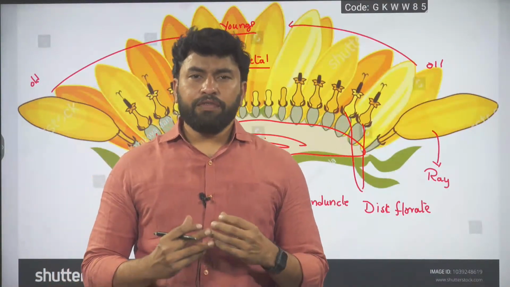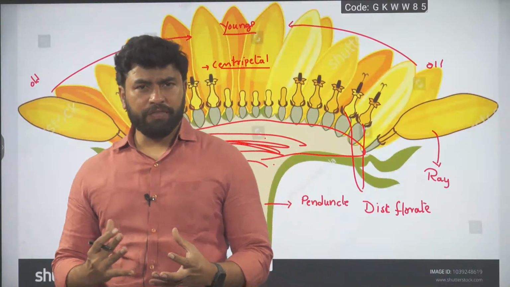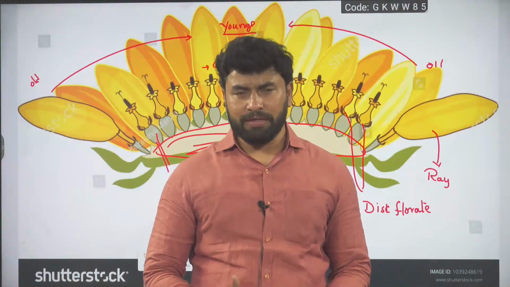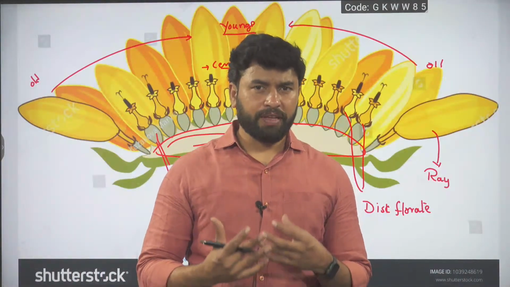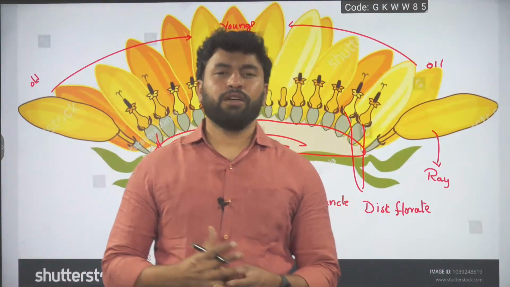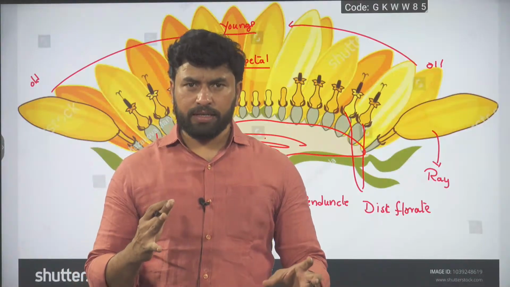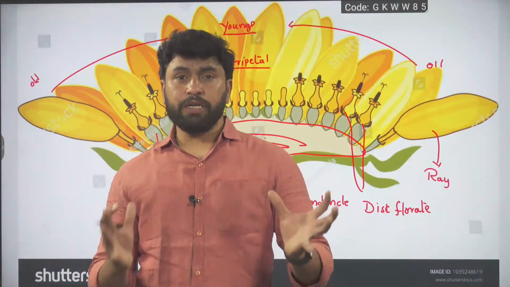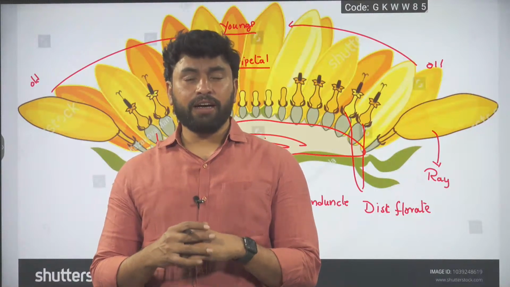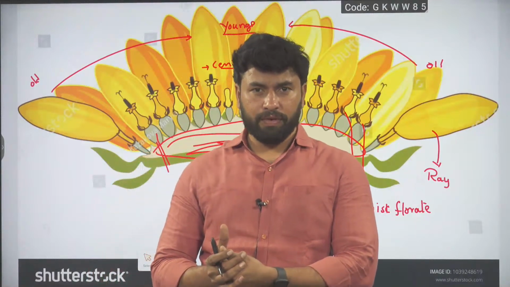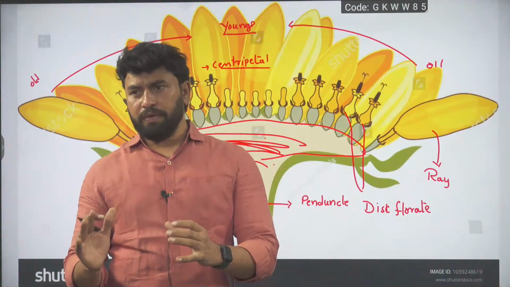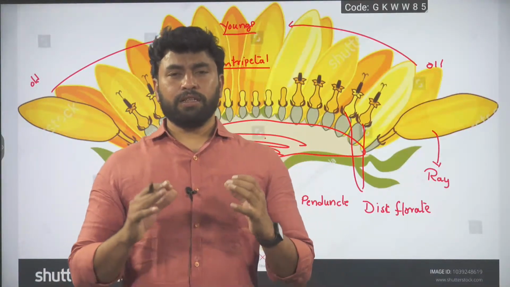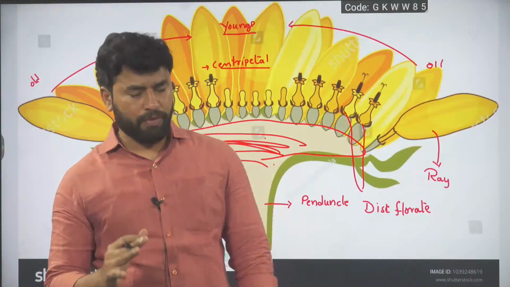See, if a plant produces bright flowers, what is the intention? In order to attract insects or pollinators. So a single pollinator can pollinate many flowers. Such a kind of arrangement is nothing but head or capitulum type of inflorescence. So out of all inflorescences, head inflorescence is considered the most advanced type of inflorescence.